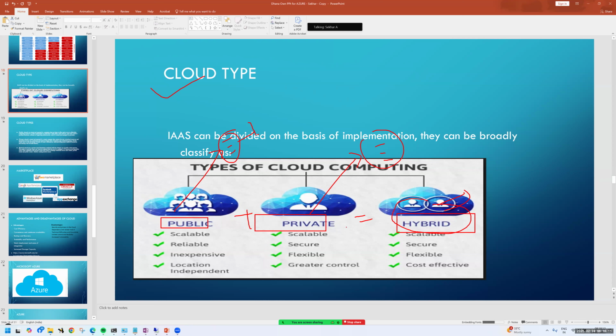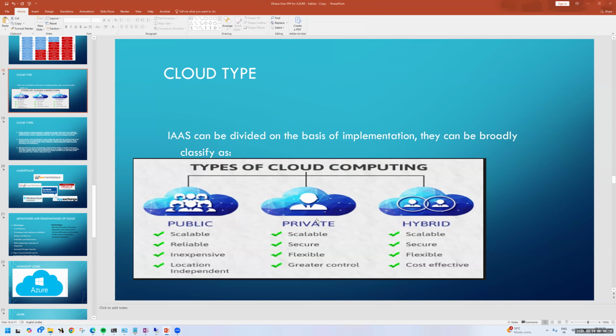Simply I can say that Azure is supporting public, private, and hybrid services. What does that mean? Whatever services Microsoft Azure provides, you can host them as public or as private so that you can integrate those applications with your private applications.